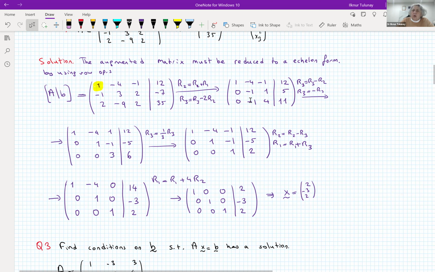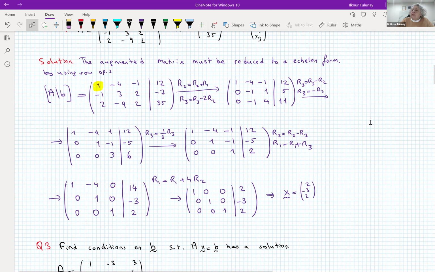Okay, now we want this position 1 and this position 0. For that, we can multiply this row with minus 1, add with that one, and then we can multiply this row with minus 3 so that this position will turn out to be minus 1.